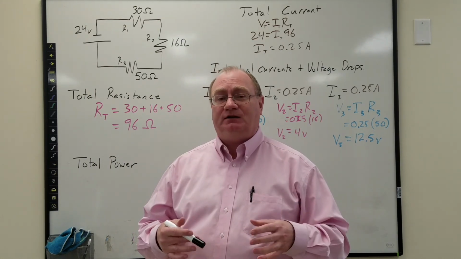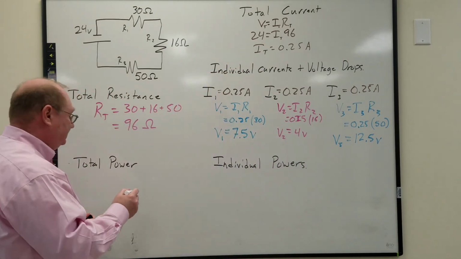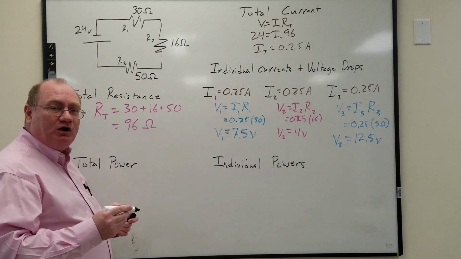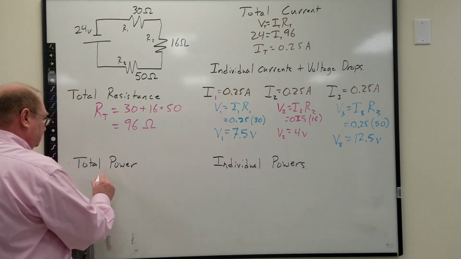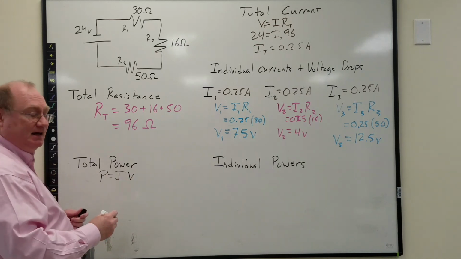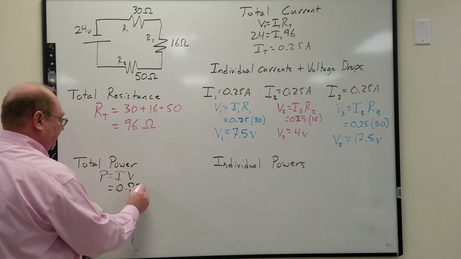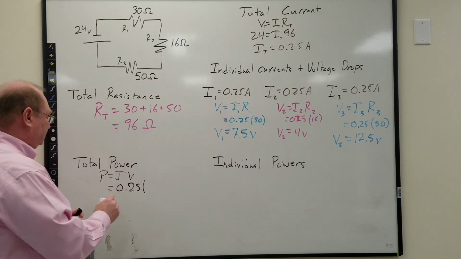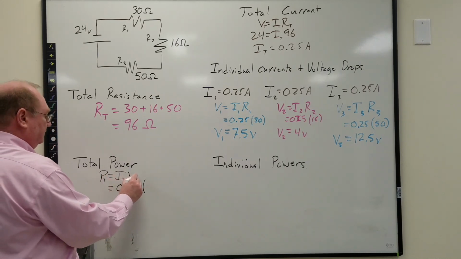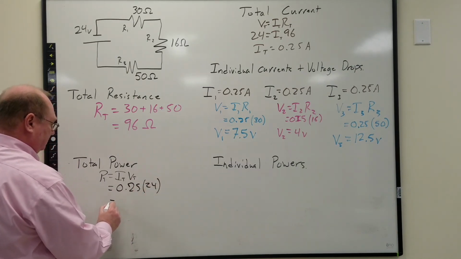Now, first I want to figure out the total power of my entire circuit. So power is current times voltage. So P equals IV. So in this case, our current is 0.25. And our total voltage, again we're dealing with totals, is 24 volts.